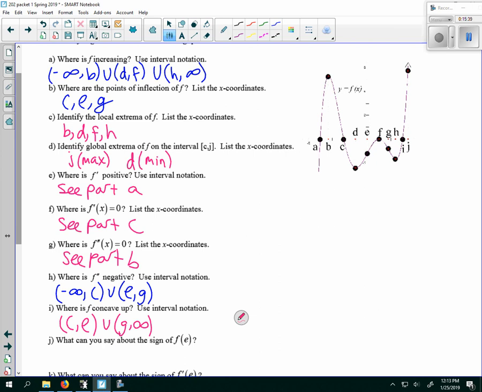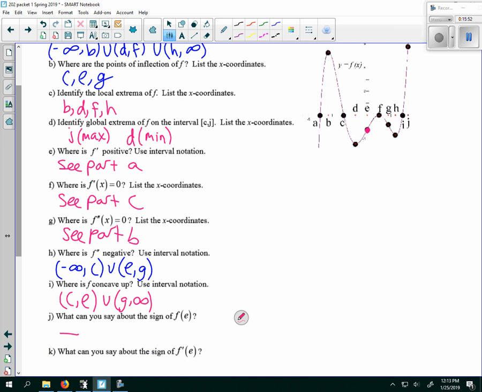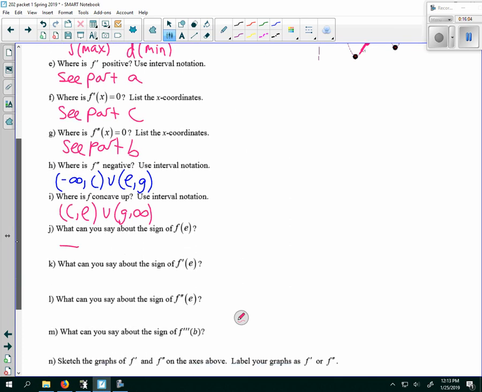Is it positive or negative at E, the y value? So this point right here, it's below the x-axis, so it is negative. How about the sign of f prime of E? So we're looking at the slope of the tangent line at E because it's the derivative. That tangent line has a positive slope, so f prime of E is positive.